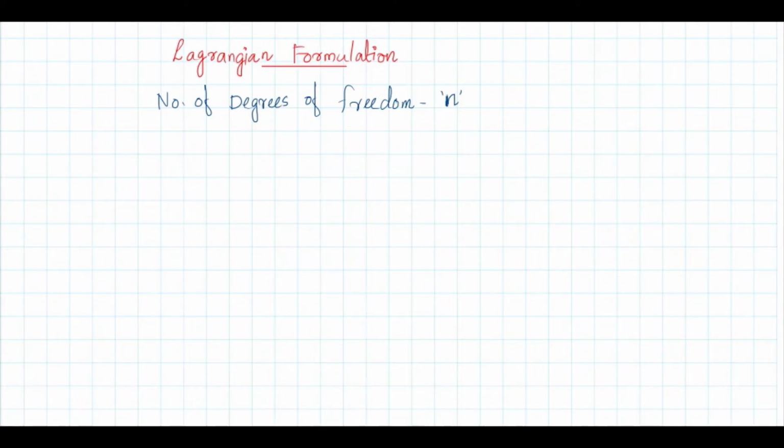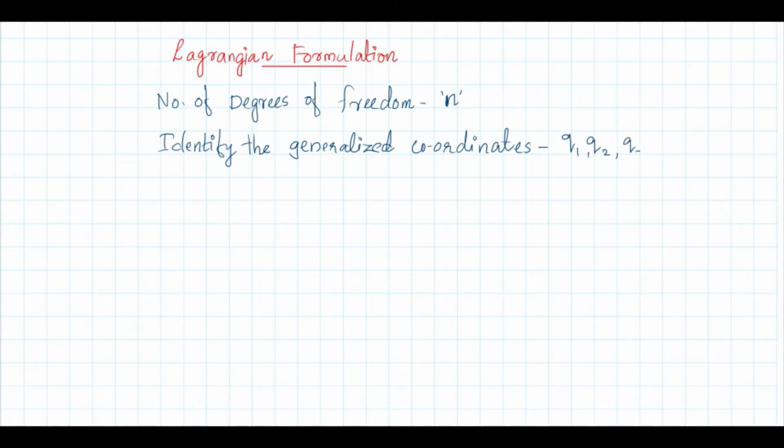The next thing we need to do is identify the generalized coordinates of the system. Generalized coordinates means the number of independent coordinates required to specify the state of a system. Suppose they are denoted as q1, q2, q3, etc., qn.